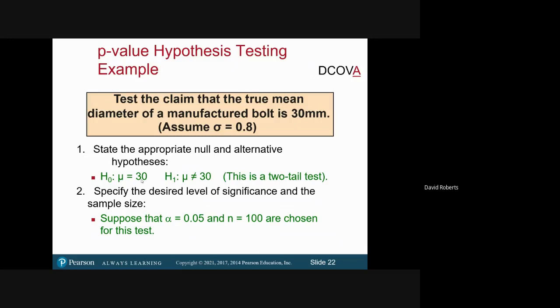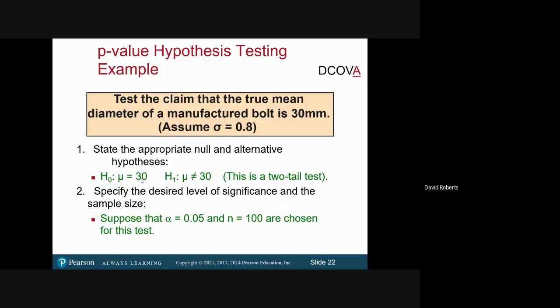Now, you as a manager determine the level of significance. And like I said, what are the consequences, not so much of being right, but what are the consequences of being wrong? And I'll give you a very simplistic example. If you make a statement that light bulbs will last a certain number of hours, and they don't.